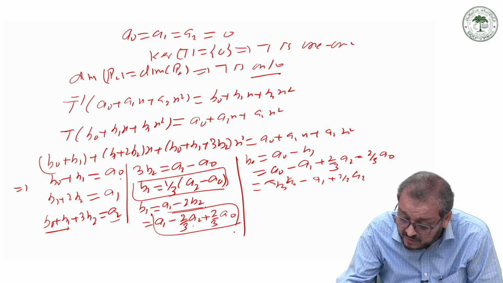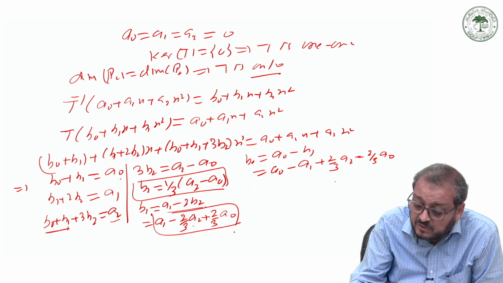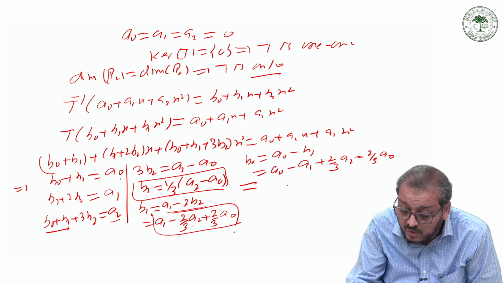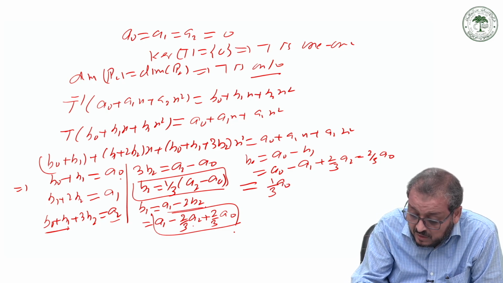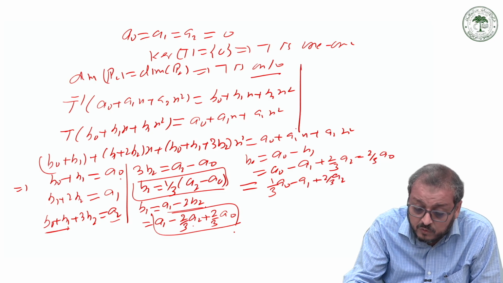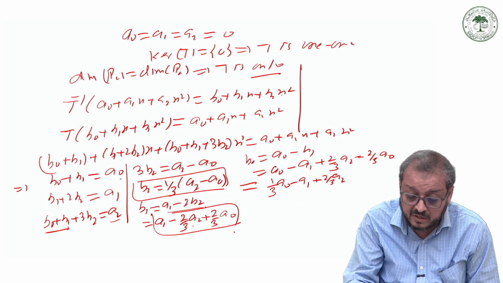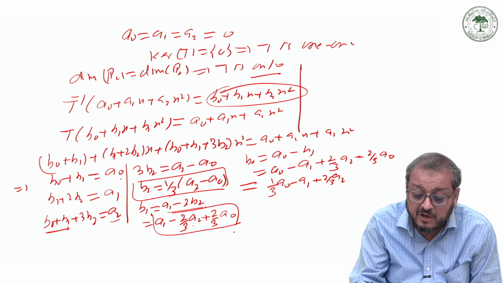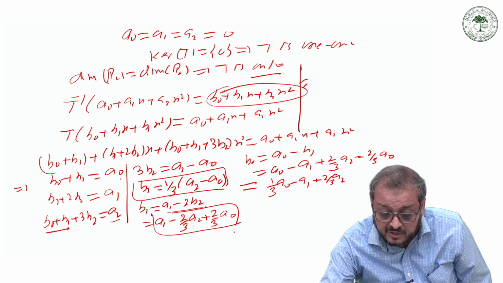So this should be the change, and this minus means this should be 3 minus 1, which is 1 by 3 a naught minus a1 plus 2 by 3 a2. Now we have to substitute the values of b naught, b1, b2, b3 here. So this can be written here.